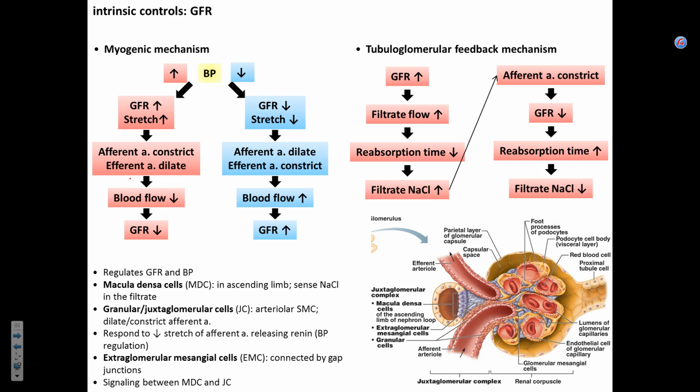Which technically should increase GFR, and it will. An immediate response from the kidneys will be to lower it, to prevent any possible damage to the podocytes, to basically bring back the homeostasis, because you are in the normal blood pressure range.